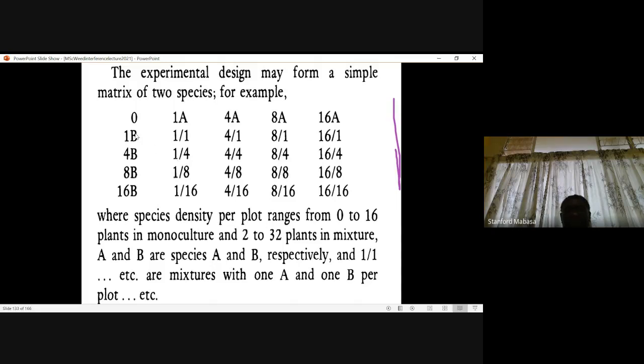If you come again to B, you look at what is happening to A. We have got ones going in this direction, then 4s, 8, then 16.